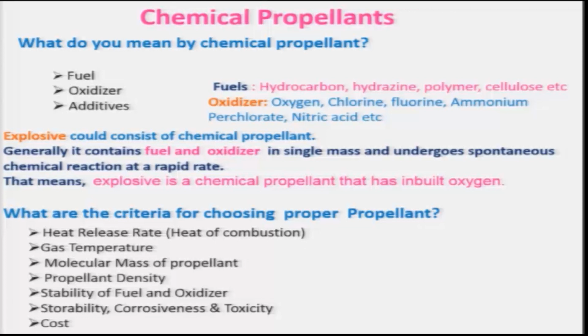And last but not least is the cost, which may not be important for military applications, but for civilian applications the cost is very important, particularly in recent times, as the number of missions is increasing, particularly in our country. So, it is important to choose the propellant such that the cost will be minimized.